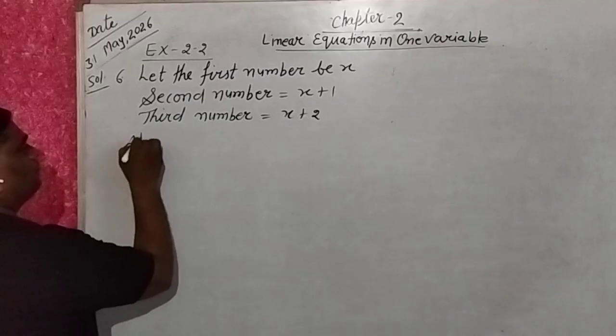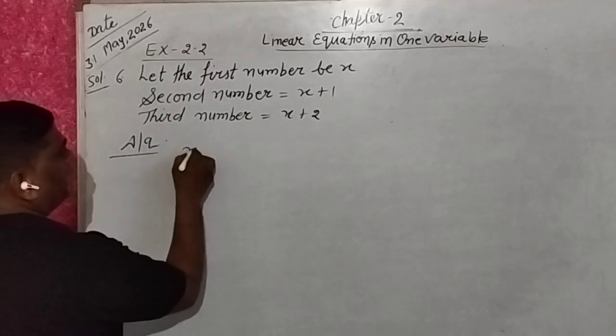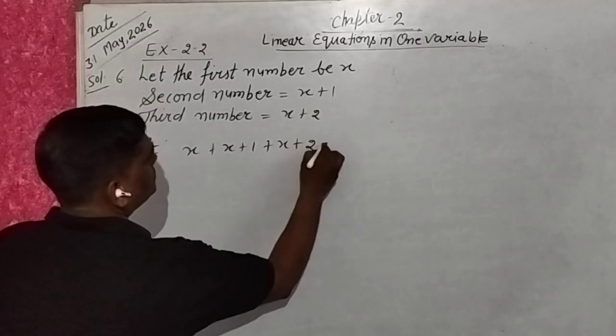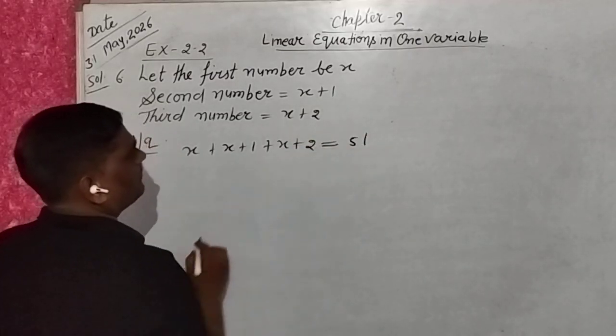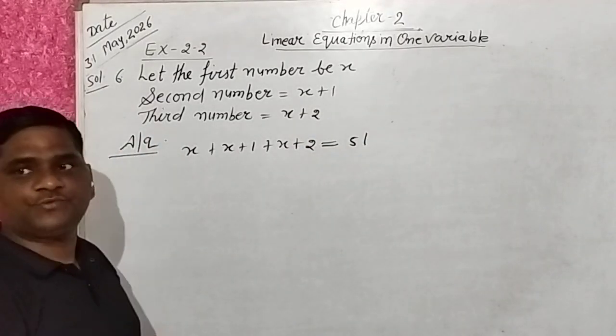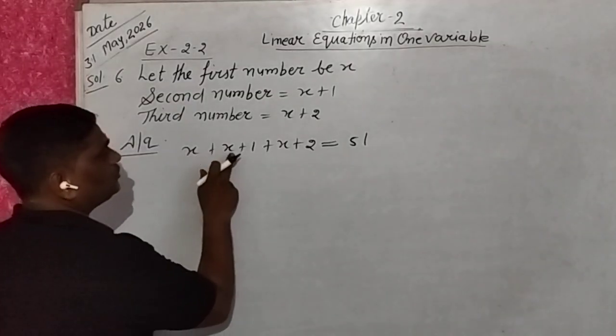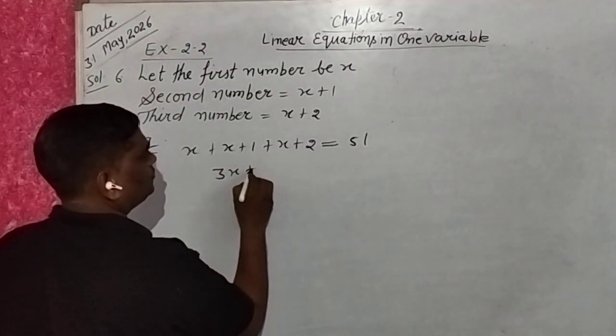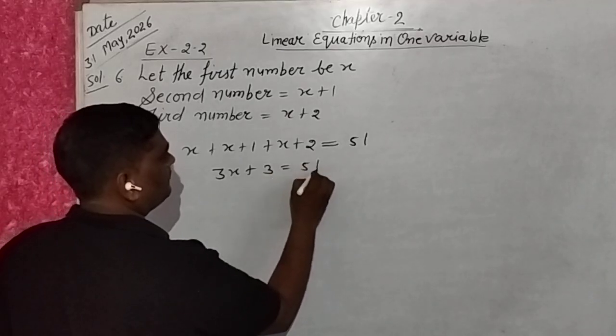According to the question, the sum of x, x plus 1 and x plus 2 is equal to 51. So 3x plus 3 is equal to 51.